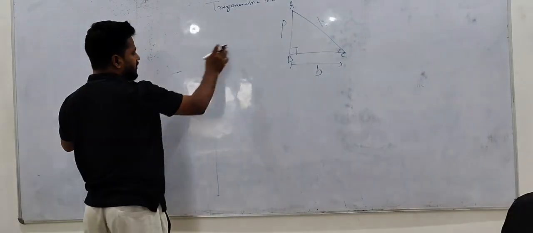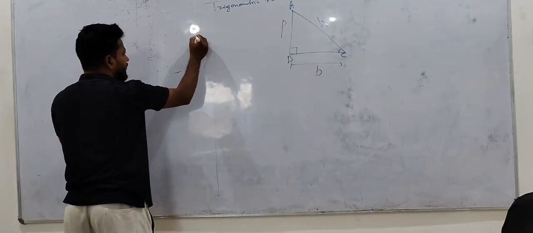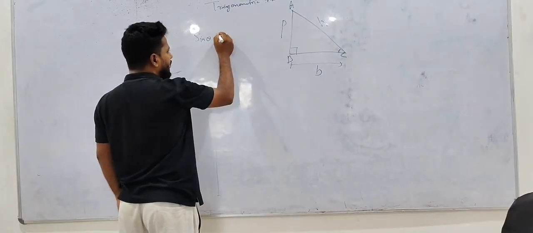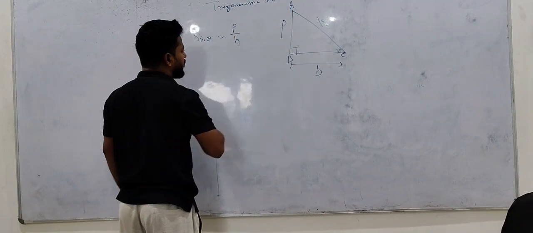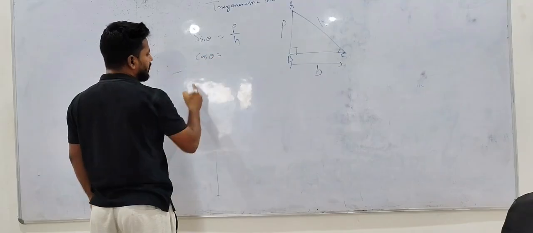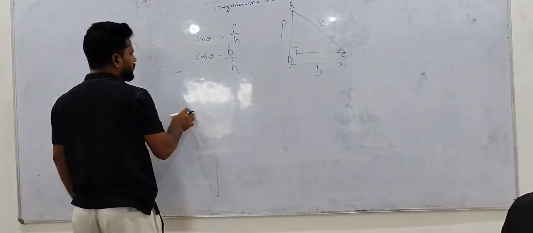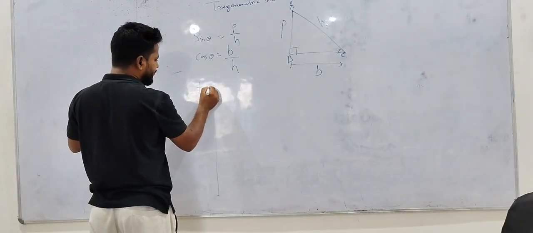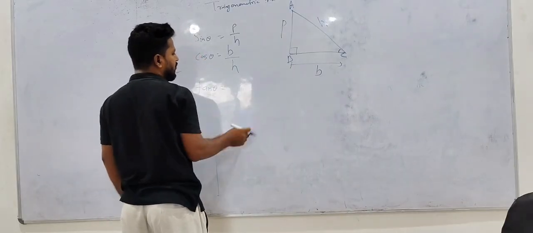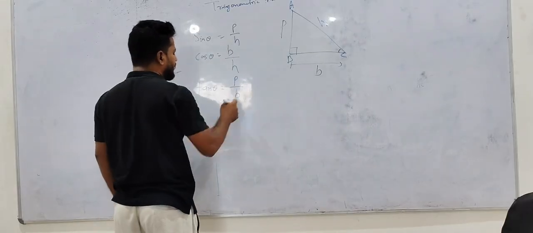Now, trigonometric ratio says that sin theta is the ratio of perpendicular and hypotenuse, and cos theta is the ratio of base and hypotenuse. Now tan theta is the ratio of perpendicular and base.